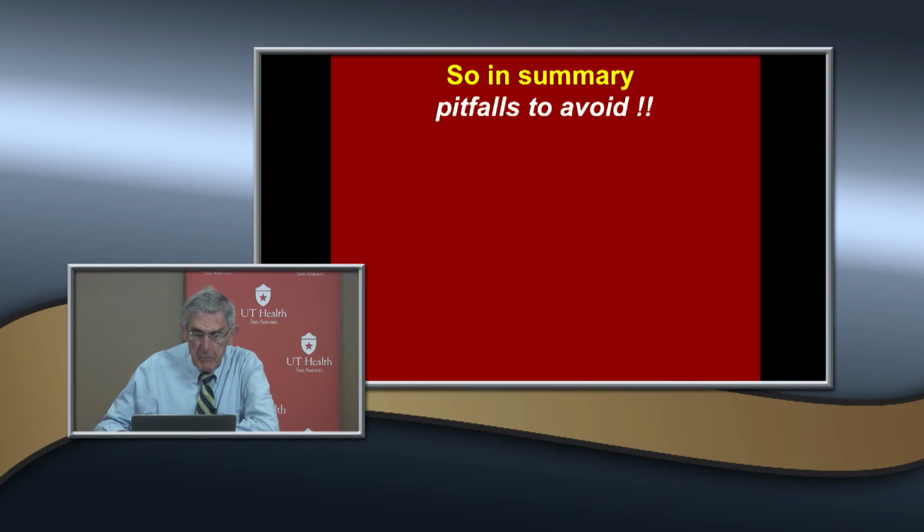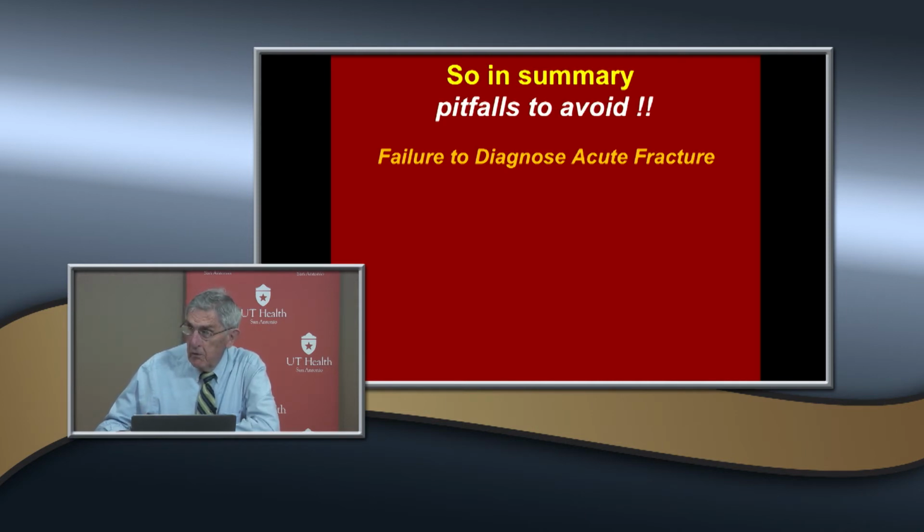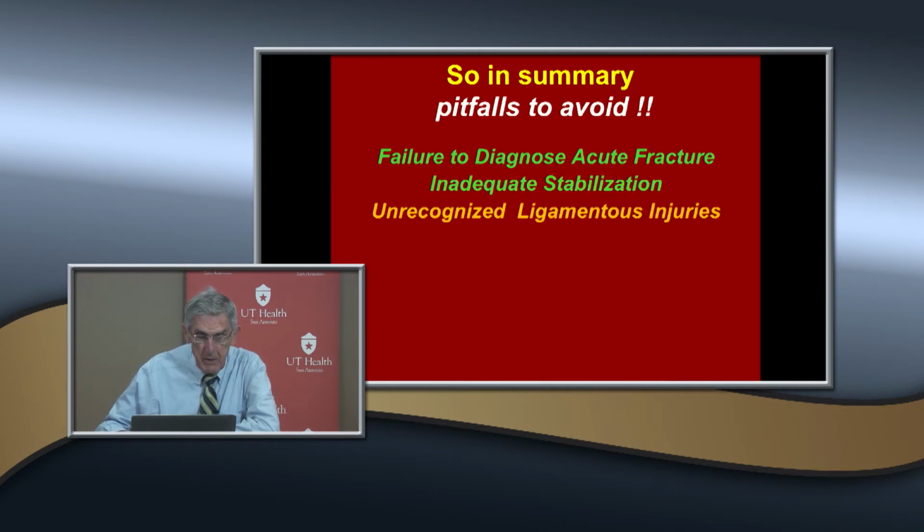So, in summary, the pitfalls to avoid: failure to diagnose an acute fracture, even though you don't see it. We looked at soft tissues, the fat pad sign, and of course using a CT or MRI. Inadequate stabilization: a cast will not stabilize it.